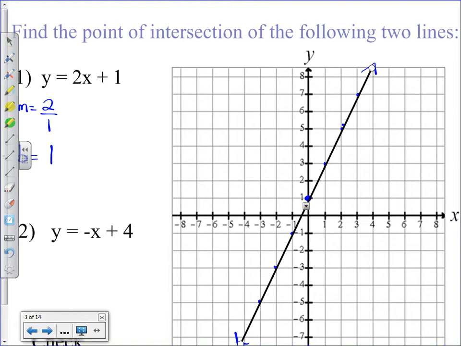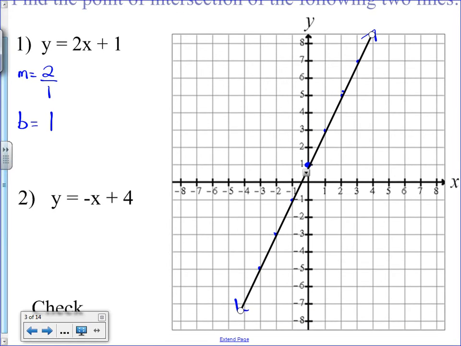Does anyone have any questions about how I graphed this line? Okay, Tiana, what is my slope for the second line? Good, so -1 over just 1. We always keep the negative on top. If it was -1 over -1, that would be +1.